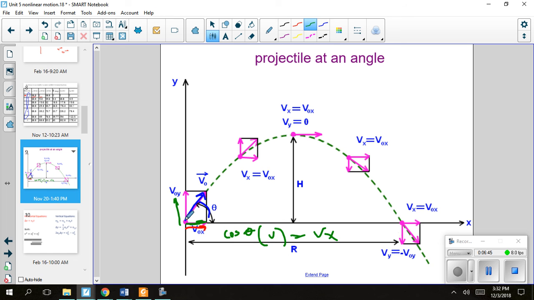Now, as you go up, the y component is going to be the sine of whatever our angle is times v equals vy. This one will change. This one's being affected by gravity. Gravity is pulling it down, so our y velocity will change. It'll decrease till it reaches 0, and then it'll increase in the negative direction or decrease, depending on how you want to look at it, all the way going down.